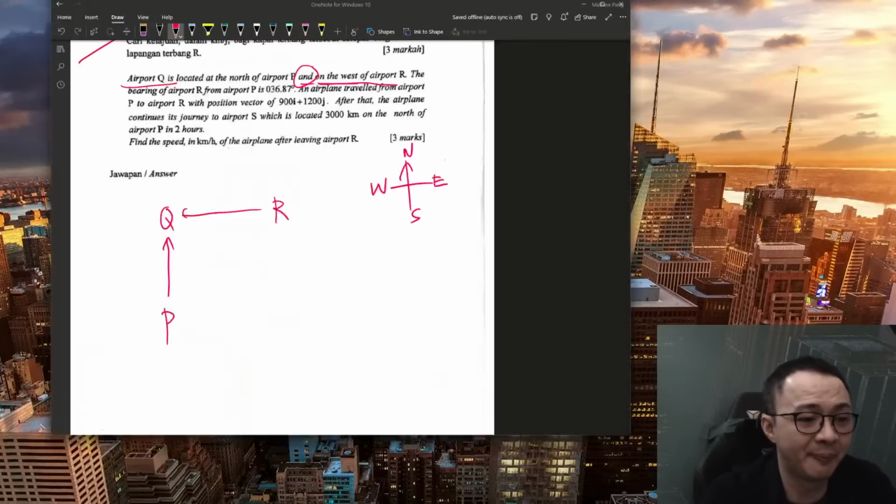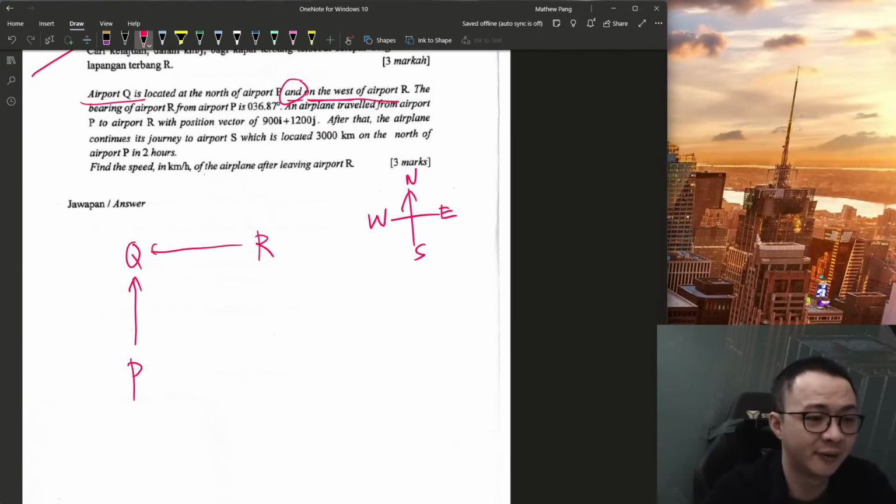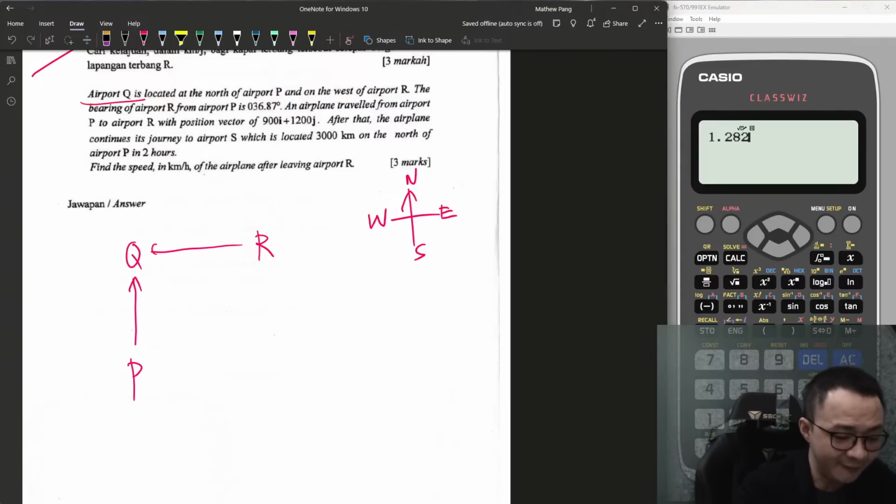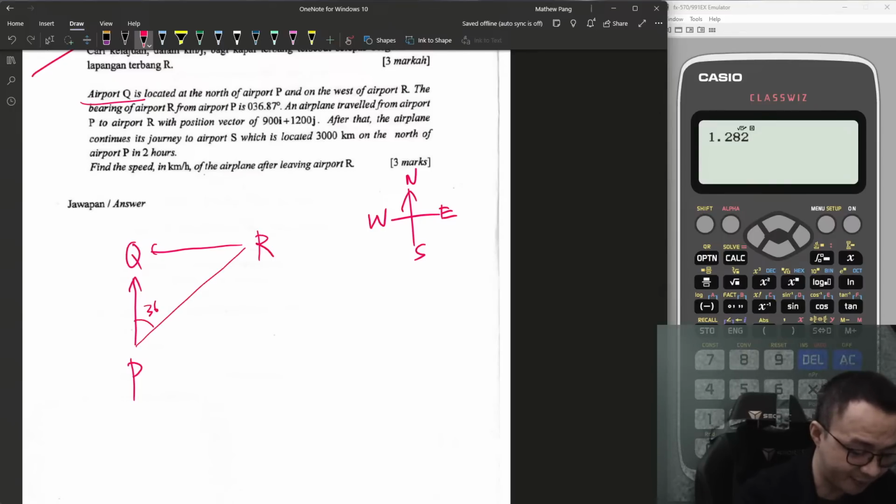Then, oops. Where's my calculator? Okay. Then the bearing out from P is 36.87 degrees. Okay, out from P.